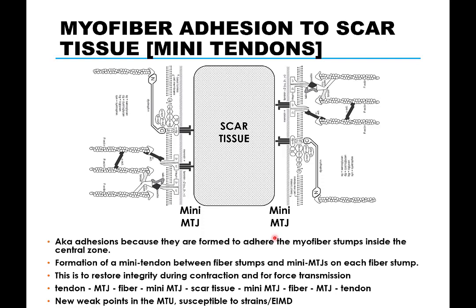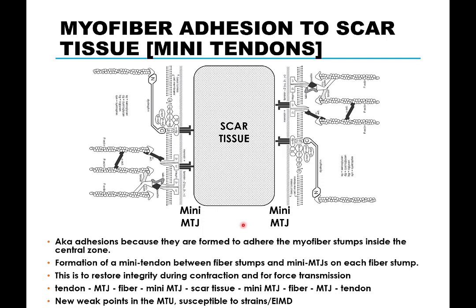The presence of permanent scar tissue within the MTU is also a common feature in aging athletes. And this is because of the amount of damage and injury the athlete has likely experienced throughout their athletic career. So over time, as scar tissue accumulates and more mini MTJs are formed, their MTU, more so their muscle, is now more fibrotic, which means muscle cells have been replaced by connective scar tissue. And as we know, scar tissue does not directly contribute to contraction, as it does not contain contractile elements to produce it.